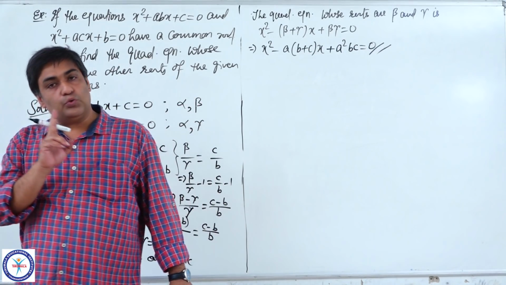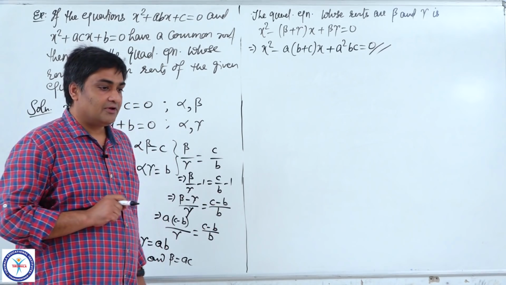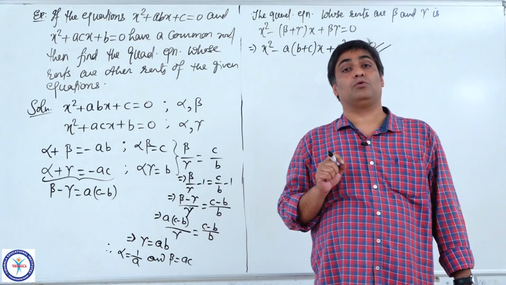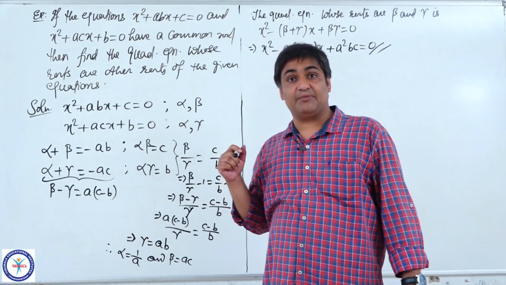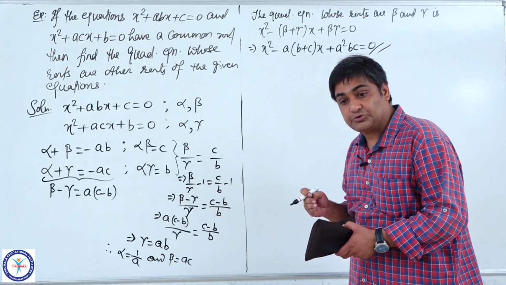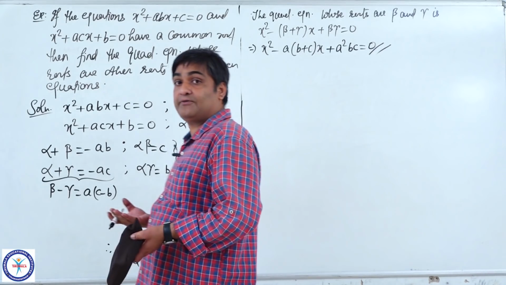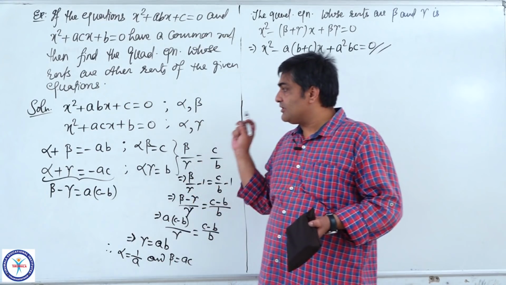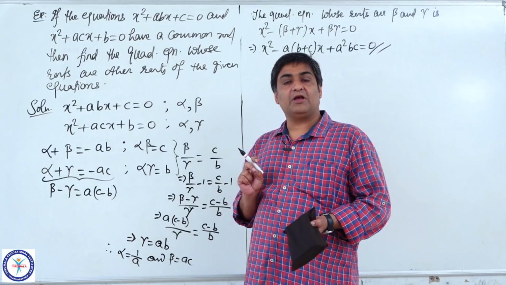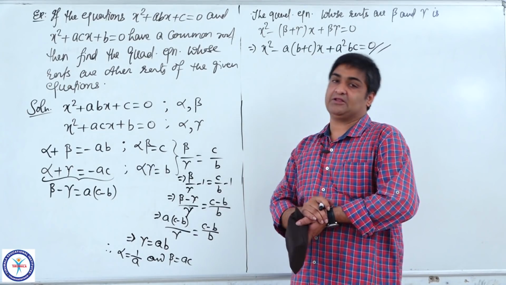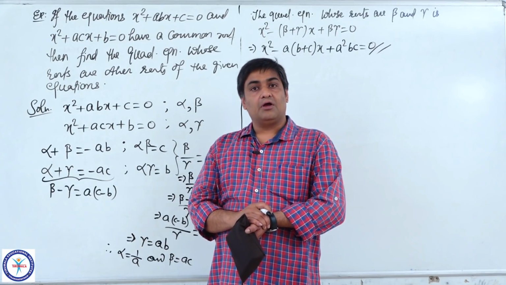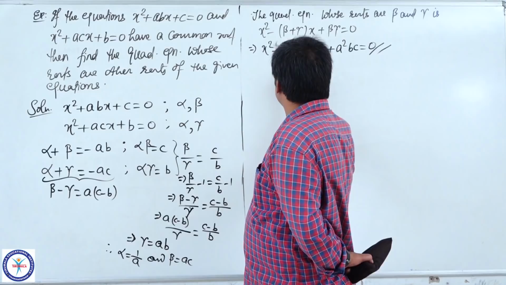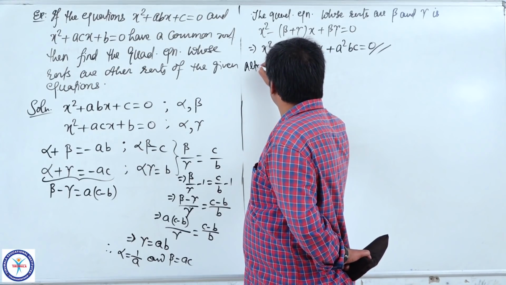If the two equations have a common root, then that common root we have found in the basic method by solving those two equations by the method of cross multiplication. But cross multiplication is not the only method for solving two equations. We can have other methods also, like this.